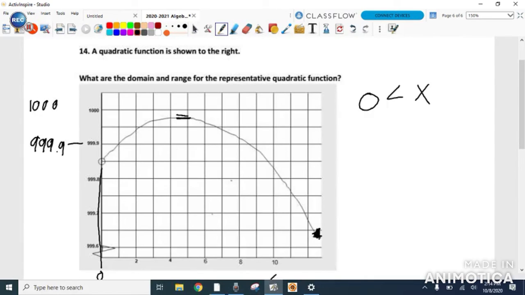It is at the middle point between 999.95 and 1,000. So, the number that should be in between right there is 999.975. That's the number that matches right here for my range. Okay?